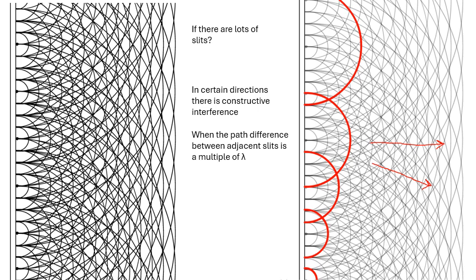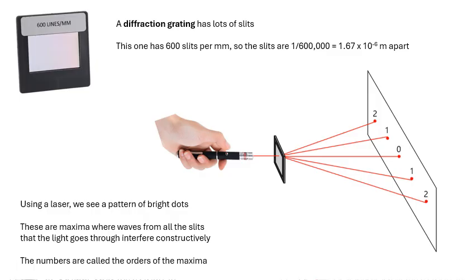We get a maximum. And we'll get a maximum there. And we'll maybe get a maximum here when the path difference is 2 wavelengths. And then we'll get a maximum here. So we will get very distinct maxima because there's lots of slits contributing, but only in certain directions at very definite angles.